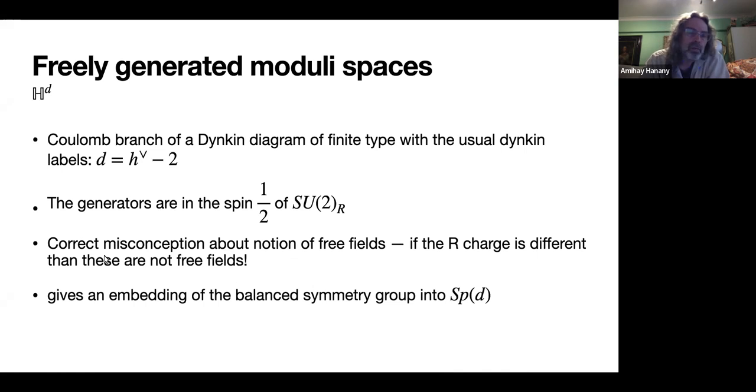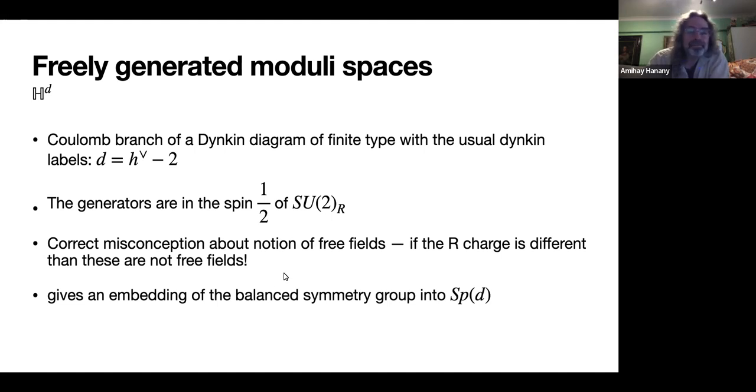And here I'd like to correct a misconception that I heard from several people. When we talk about free fields, a free field only has this property: it has spin 1/2 under SU(2)_R. Any other R charge different than 1/2 is not a free field, so call it something else. Free field is a reserved word. It's a field where the scaling dimension is 1/2 and the R charge is spin 1/2 of SU(2)_R, and that's it.